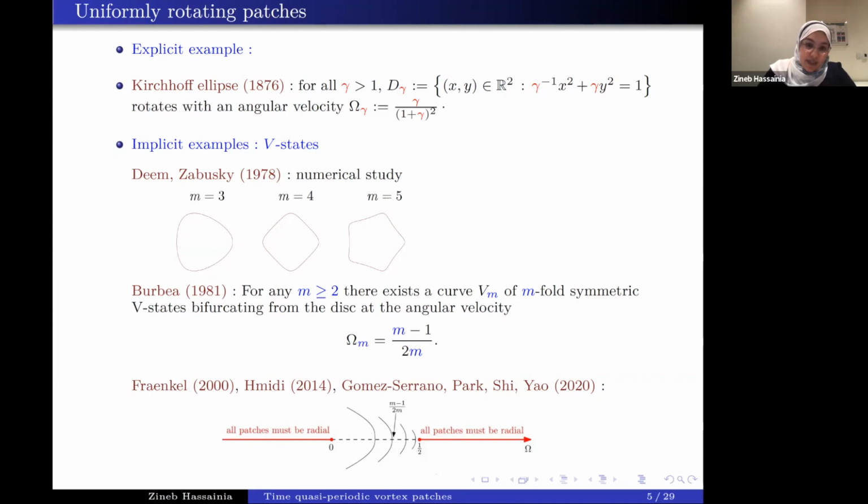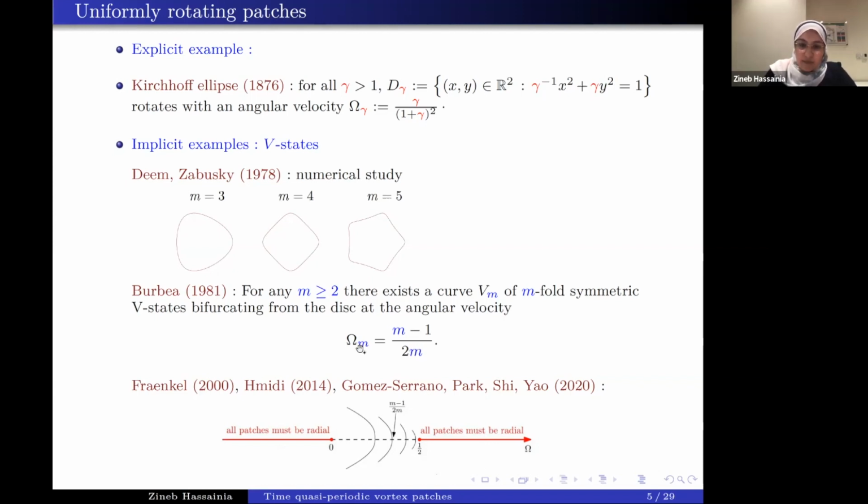And this fact was proved a few years later by Burbea. He proved that if you fix a symmetry m larger than 2, then you have a curve, or a branch, of solutions emerging from the curve of the disk at some explicit angular velocities.